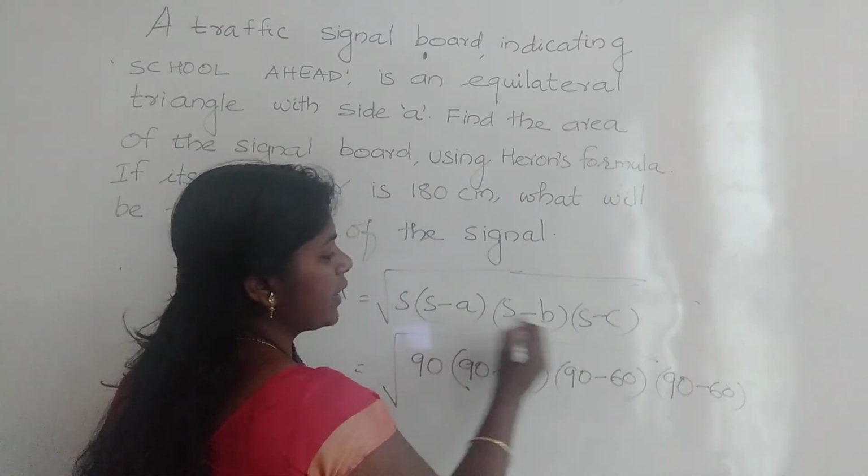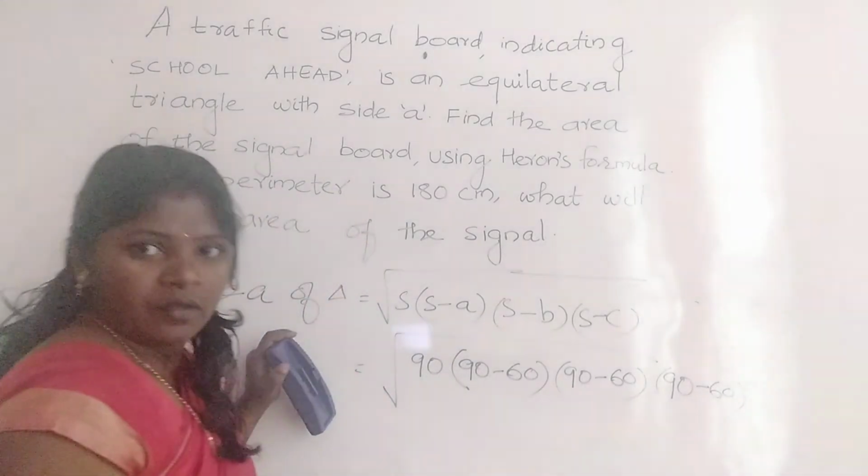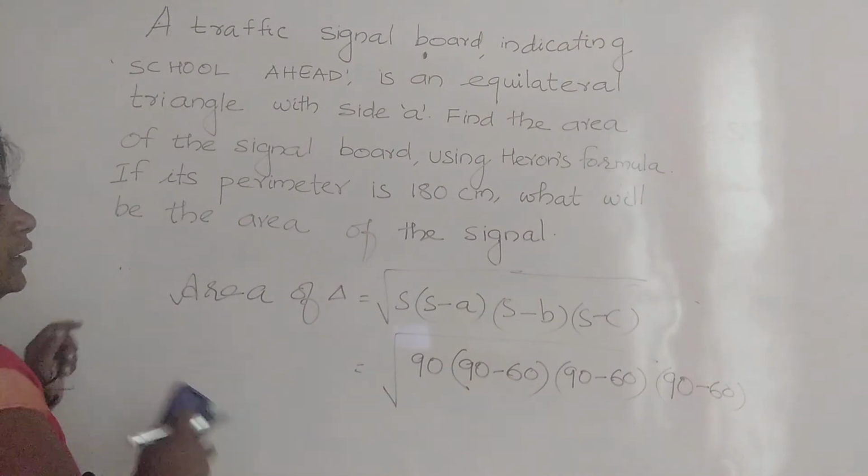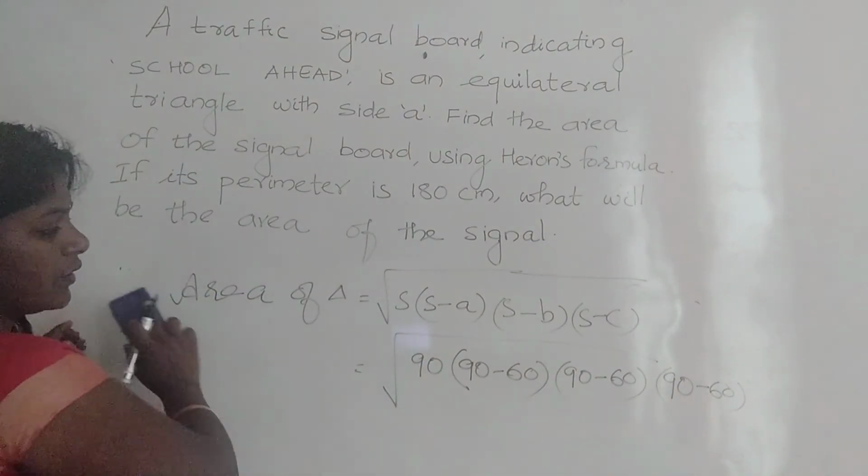Why? Because A, B, C are equal, as the triangle is an equilateral triangle.